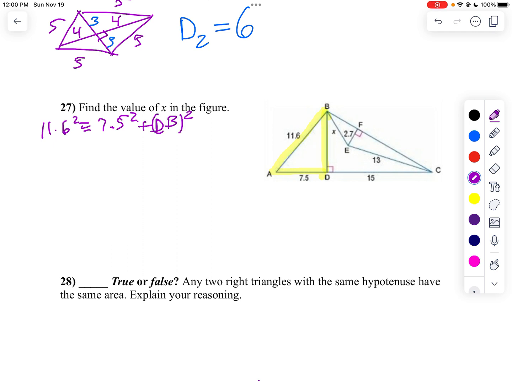And we got some decimals, so we're going to use our calculator quite often on this problem. So 11.6 squared is 134.56. And that's 7.5 squared. Well, that's going to be 56.25.